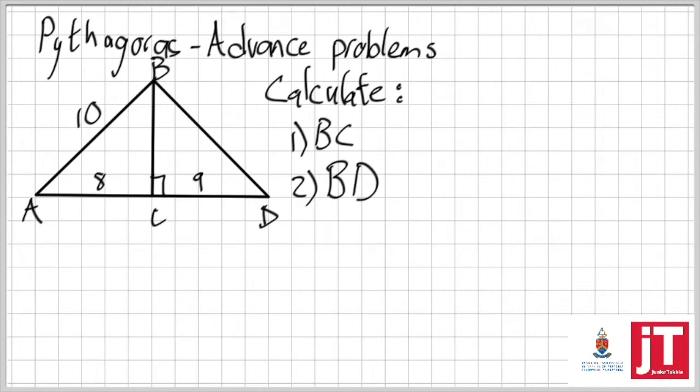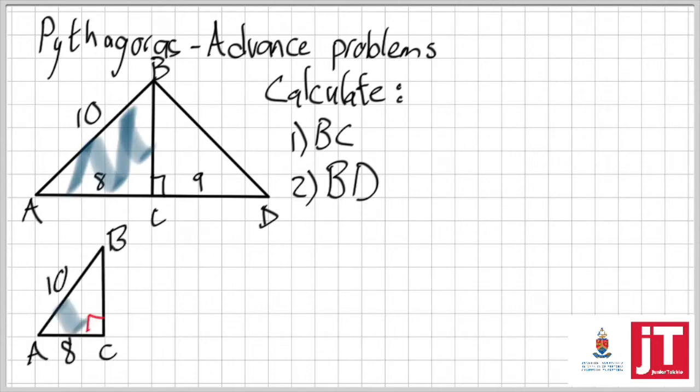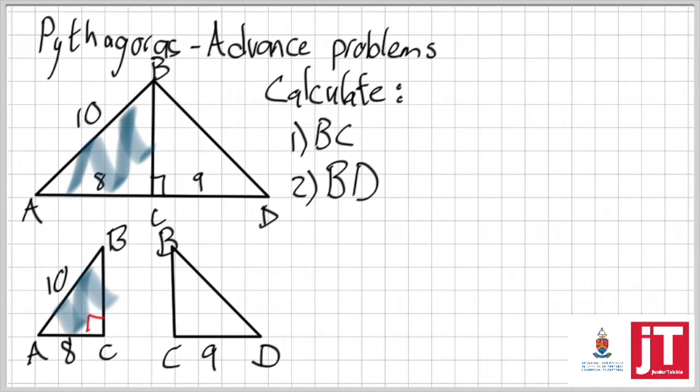So first of all, the blue colored triangle ABC. I love to then write the second one, triangle BCD, just break them apart and write down all the information we've got. Now I need to choose a triangle to work with. I always look for the one that has the most information.